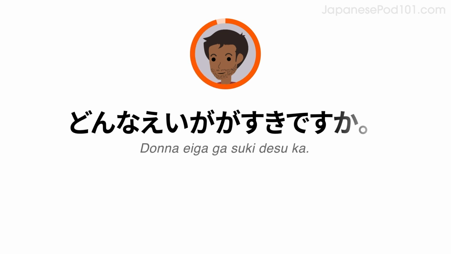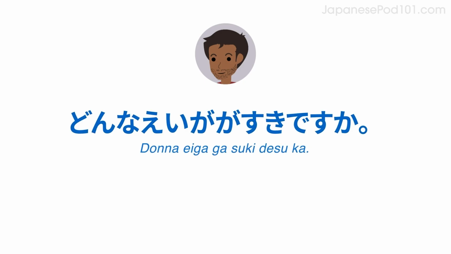Okay, now it's your turn. Do you remember how to say, what kind of movies do you like? どんな映画が好きですか？ Imagine you like comedies. Do you remember how to say comedy? コメディ.